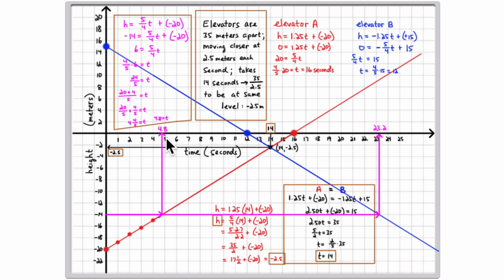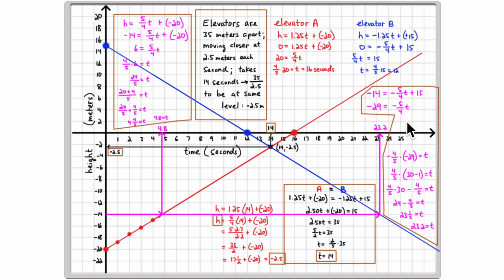For elevator B, this calculation, again, you take the 15 meters, and now as you subtract 15 or add a negative 15 to this side, you get a total of a negative 29 meters now. Over here, it's a total of 6 meters to go up. It's a total of 29 meters to go down.